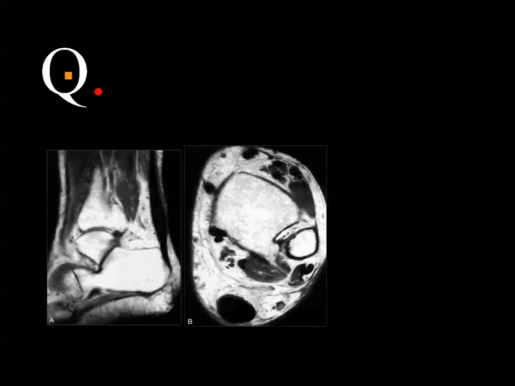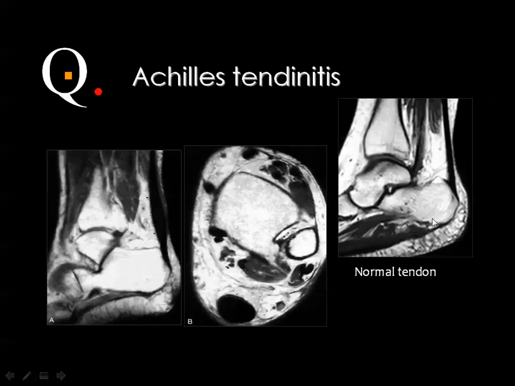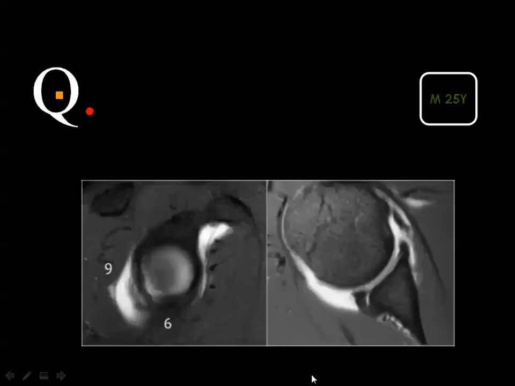Swollen Achilles tendon with almost maintained the normal signal intensity, and this is diagnostic of Achilles tendinopathy. This is the normal appearance, the normal thickness of the Achilles tendon. Okay, and this is MRI of the shoulder, sagittal image, and an axial image.